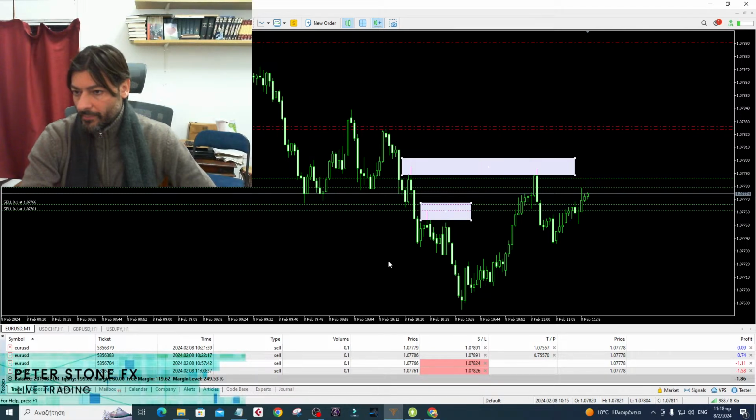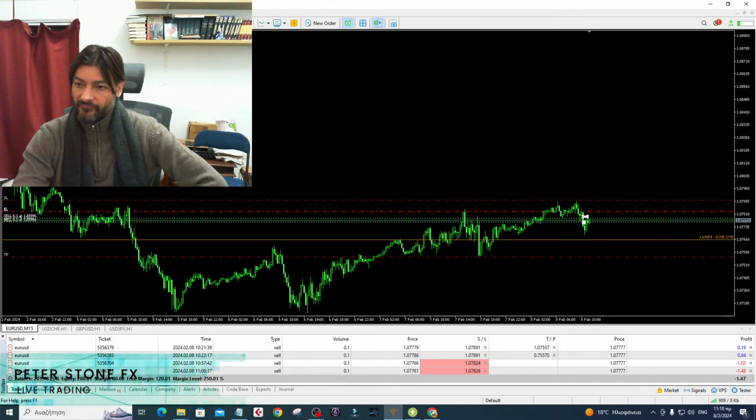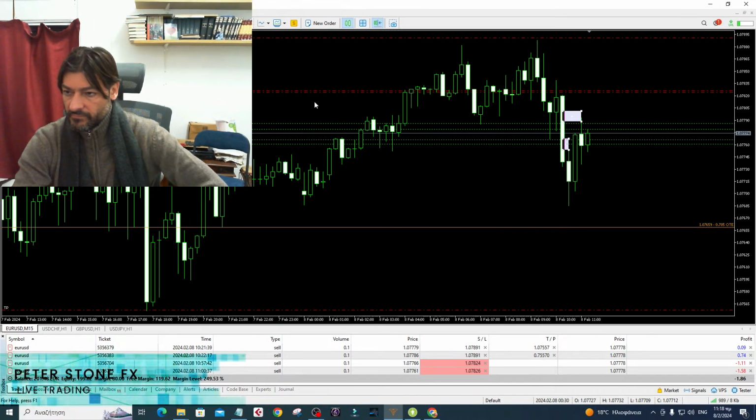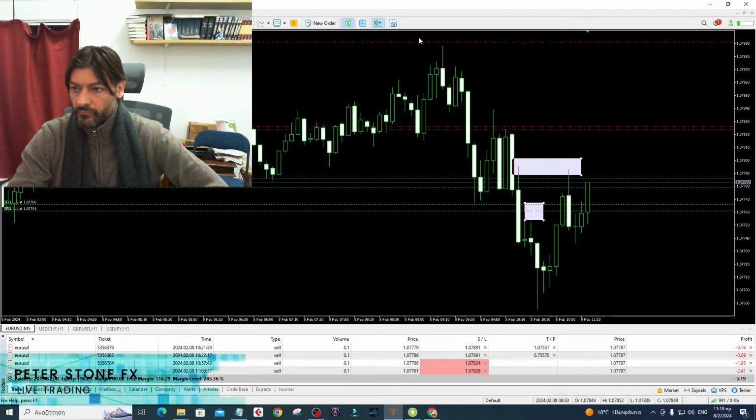We might go up because we actually reached the 50% of this area on the 15-minute time frame. I have faith in this area and this bearish order block.